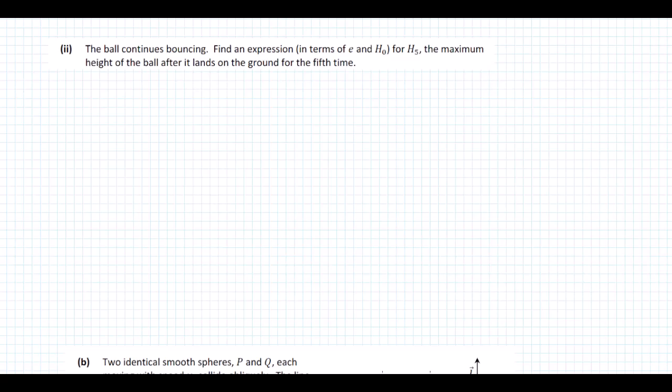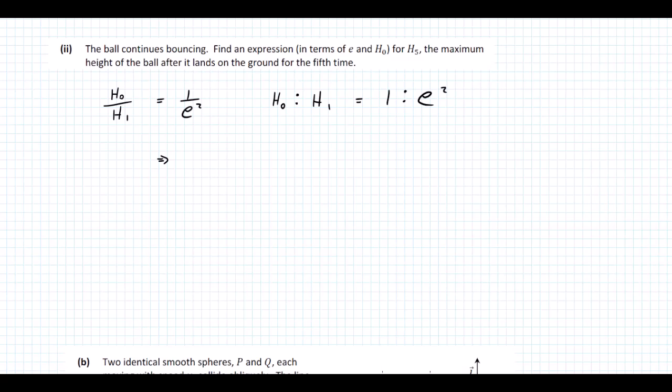Okay, so we know that h0 over h1 is equal to 1 over e squared, or you could write it like this, h0 as a ratio to h1, it's just going to be 1 is to e squared. So in other words, what we've got to do is just multiply h0 by e squared to give us h1.